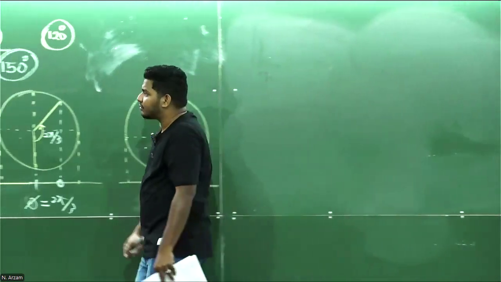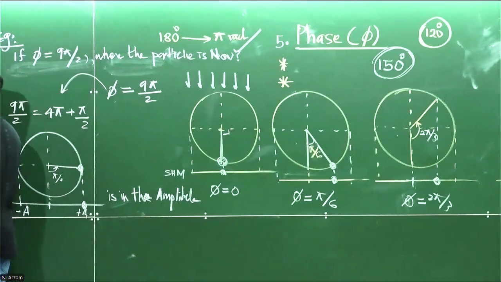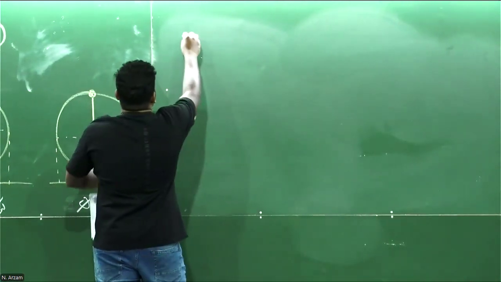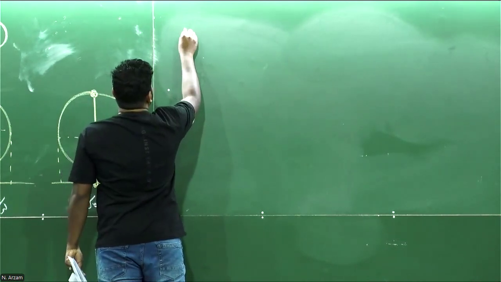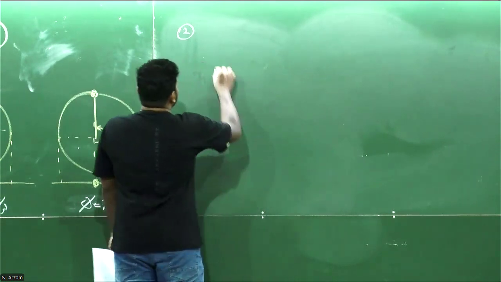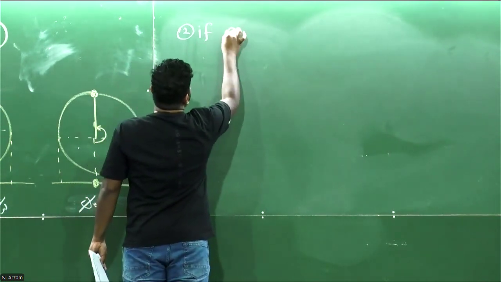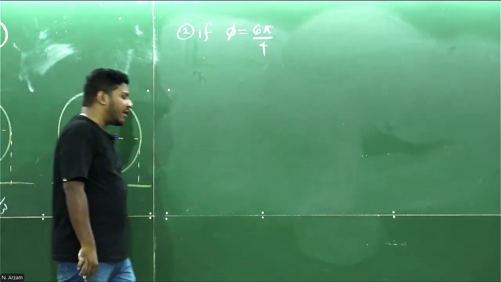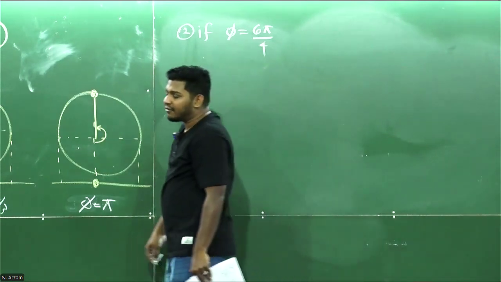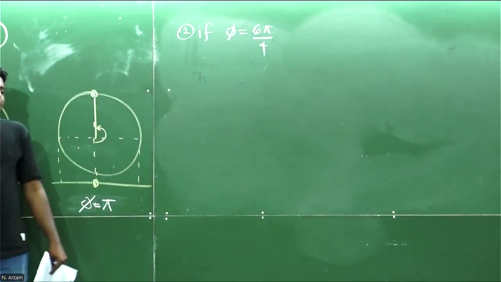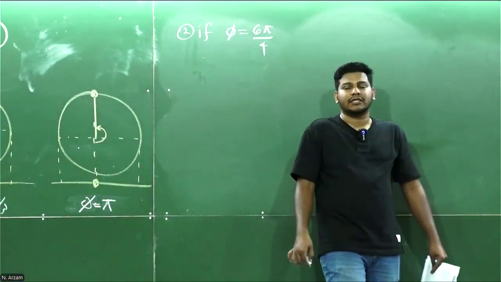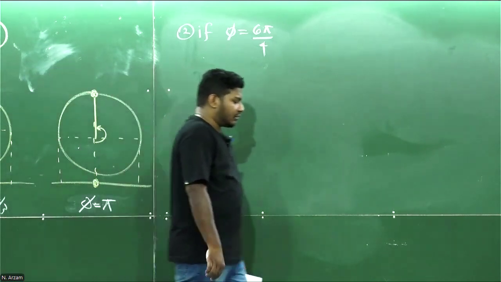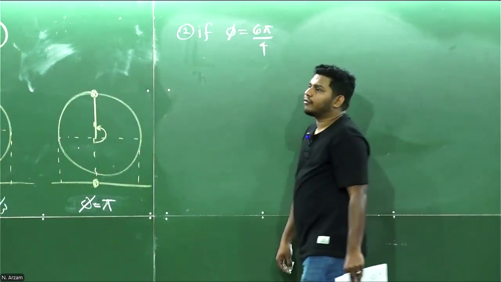Write down the second one. The second example is, if phi is equal to 6 pi by 4, how many full rotations does the particle complete?